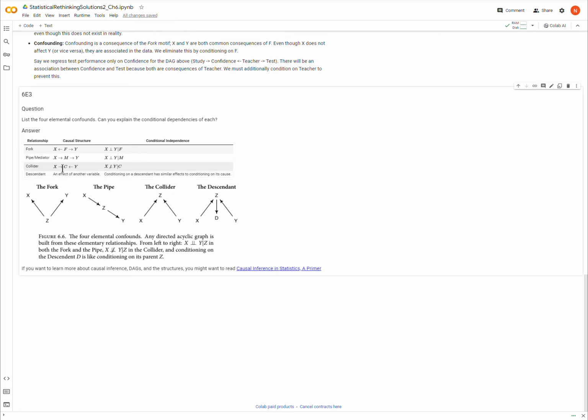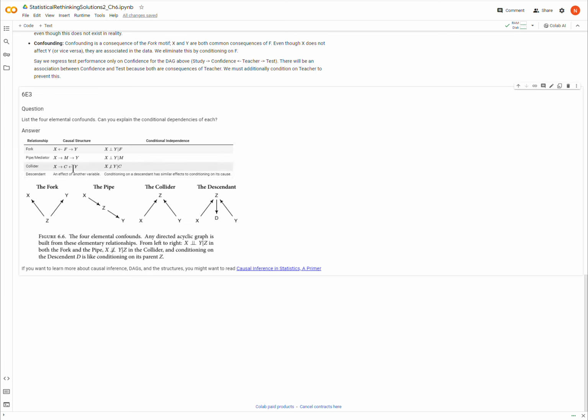One of the consequences of this in regression is that if I'm unclear about my causal structure and I accidentally include a collider as one of my regression variables, I will all of a sudden induce a relationship between x and y.